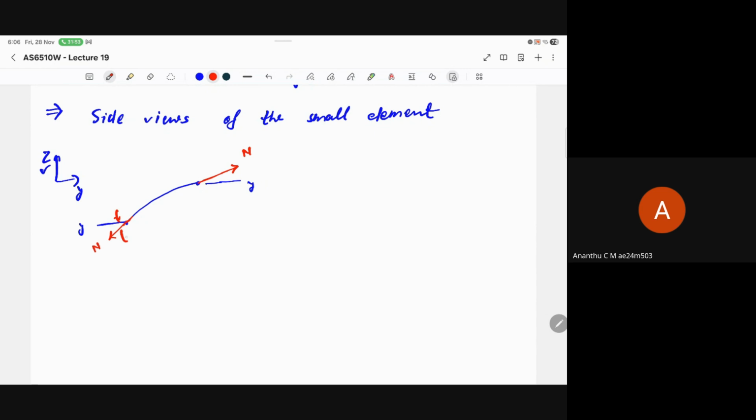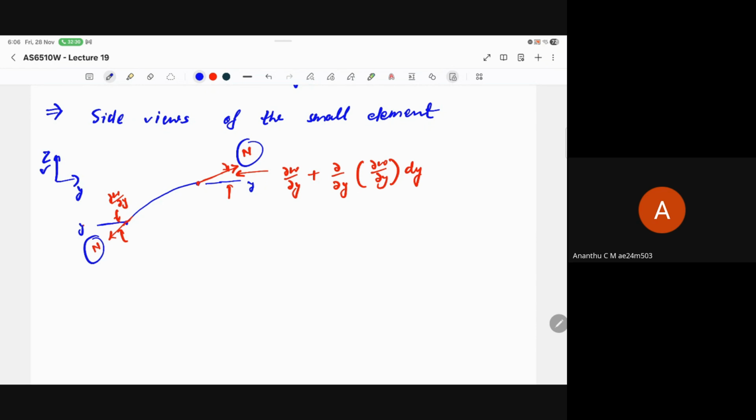This slope is ∂w/∂y, and at this side the slope is ∂w/∂y plus ∂²w/∂y² into dy. This is basically your angle, and with the help of this slope we can resolve these forces.